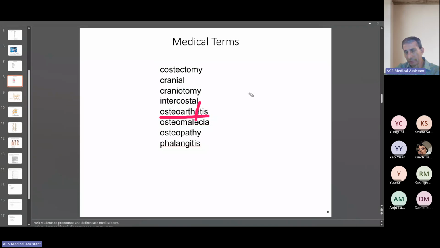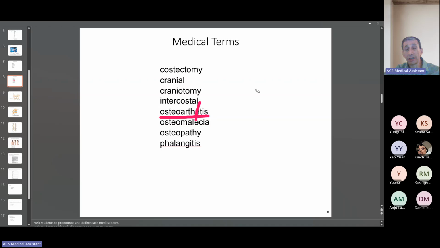Because remember, when two bones meet, we have an articulation, like the elbows, the wrist, the fingers, the ankles, the knee, the hips, the shoulders, and the spaces in between the vertebrae.